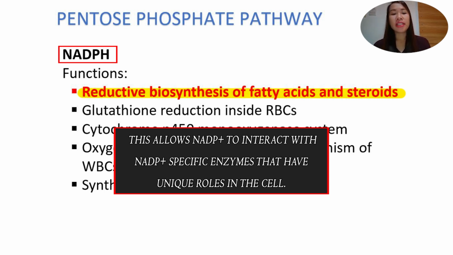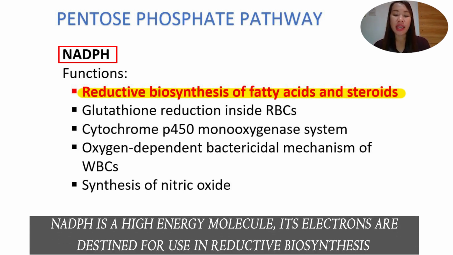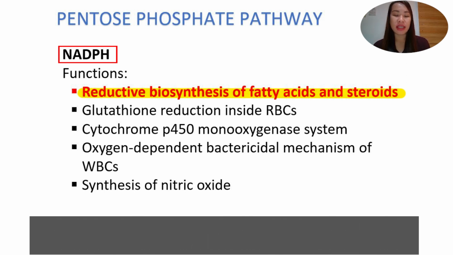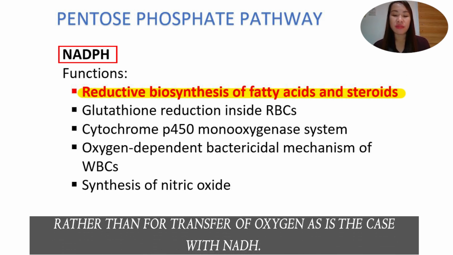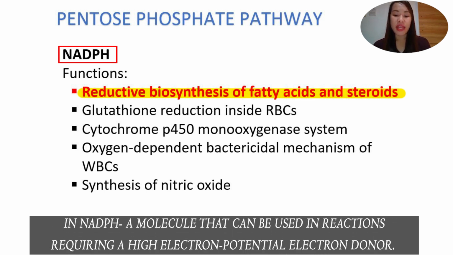So when we talk about reductive biosynthesis, what we mean is that this NADPH actually is a high energy molecule wherein its electrons are destined for use in reductive biosynthesis rather than for transfer of oxygen, as in the case of NADH. So meaning in metabolic transformation in the hexose monophosphate shunt, part of the energy of glucose 6-phosphate is conserved in the form of NADPH.